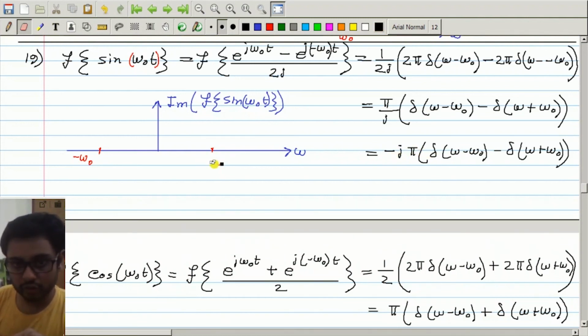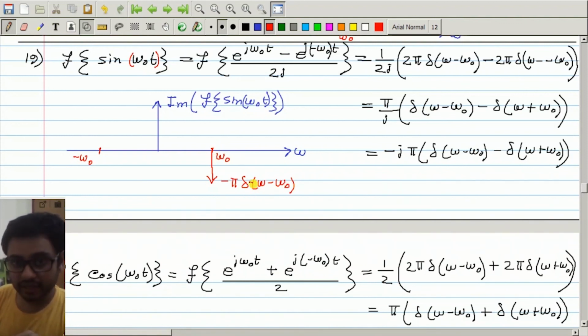So here I will draw a negative delta function, minus pi delta omega minus omega naught, located at omega equal to omega naught.